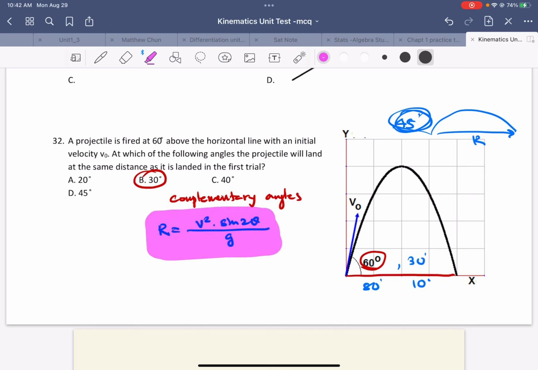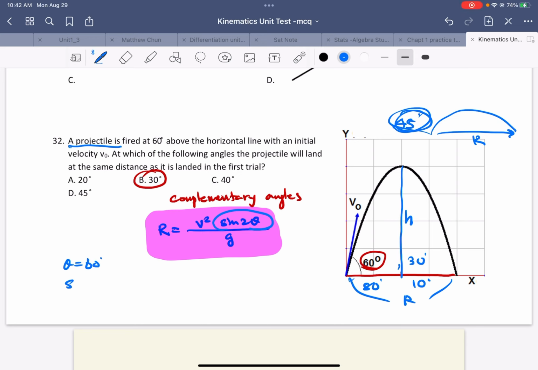That's a projectile. When you fire with some angle, this is the range, how far away it'll go, and this is the height, and that's the formula. So basically, only the angle is involved here. Let's say theta is 60 degrees.